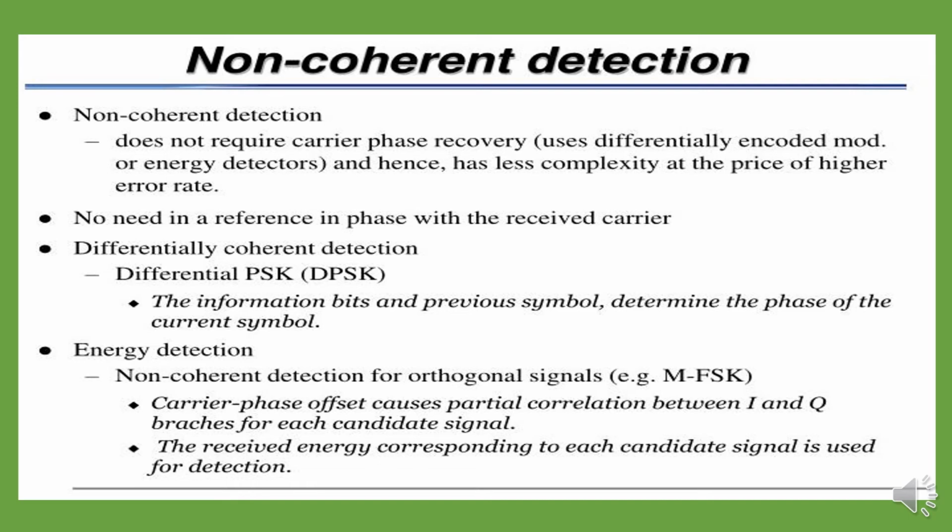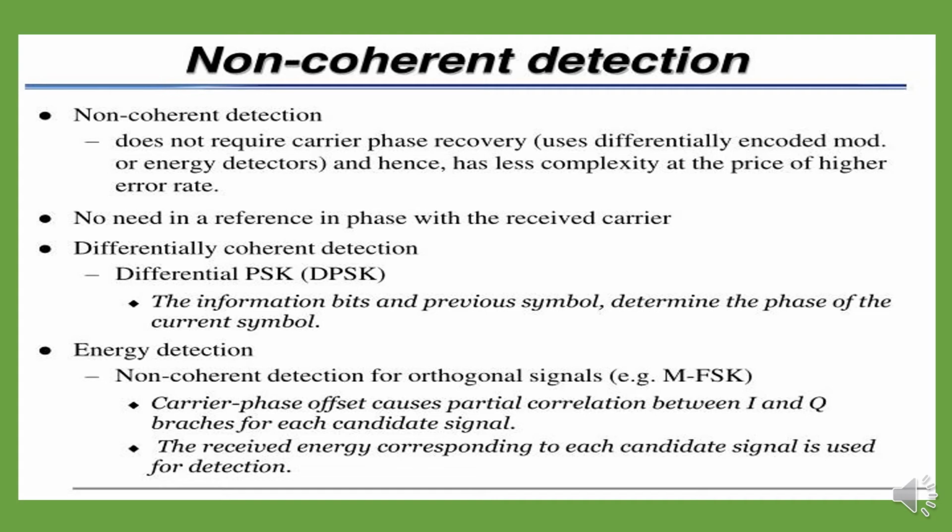Differentially coherent detection contains differential PSK, DPSK. Here the information bits and the previous symbol determine the phase of the current symbol. The next is energy detection.